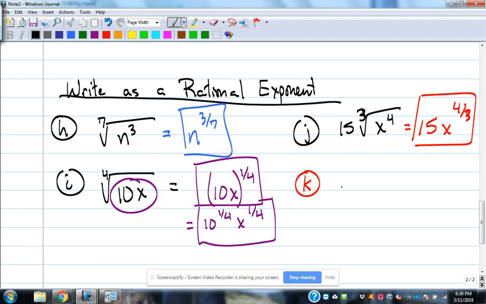Another one here. -2 5th root, parentheses, 3x squared to the 8.